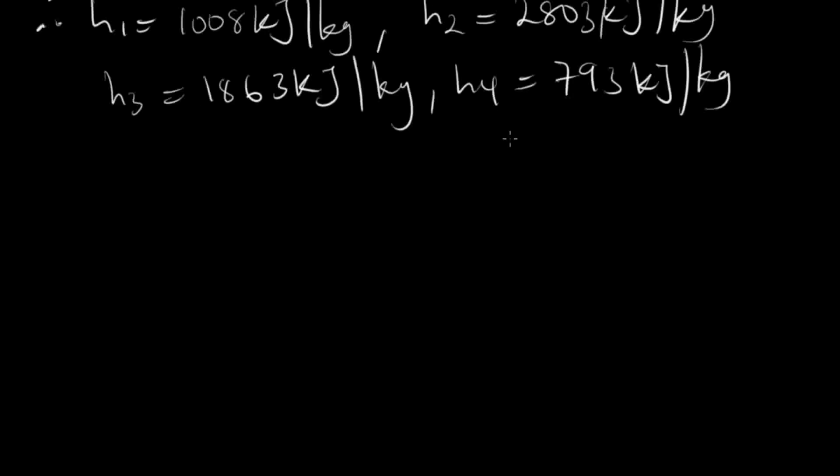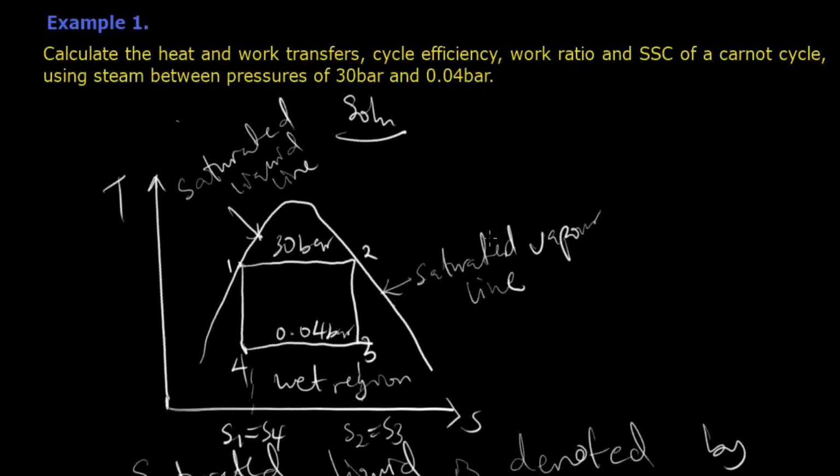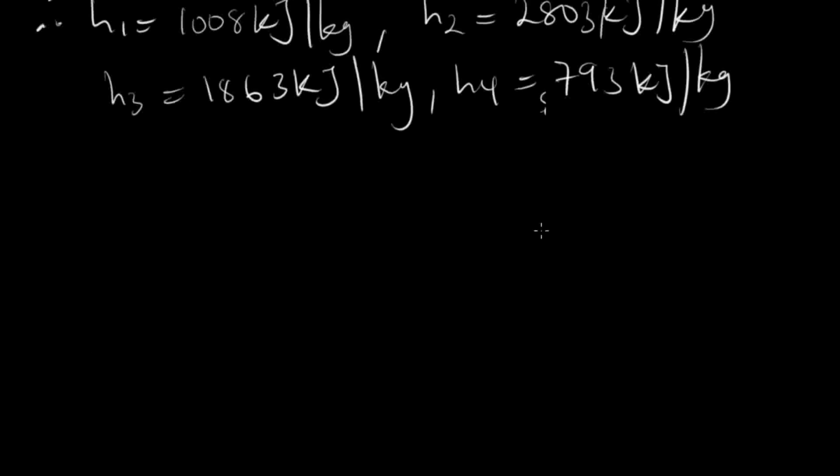So with that, they asked us to calculate the heat and work transfers, like heat supplied, turbine work, the pump work, and heat rejected. So how do we go about this?